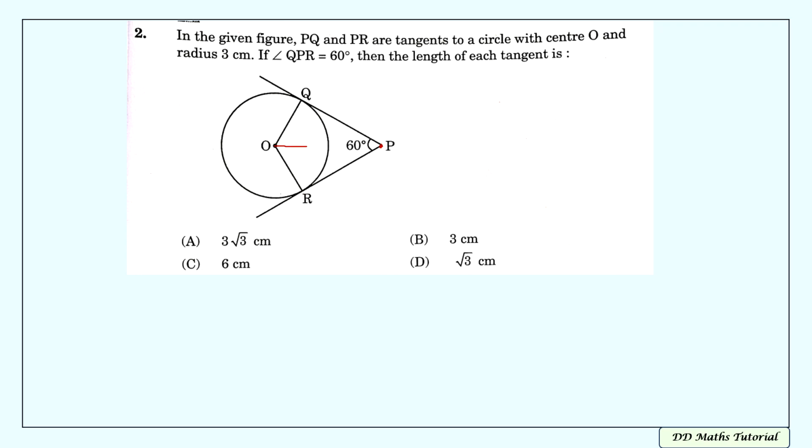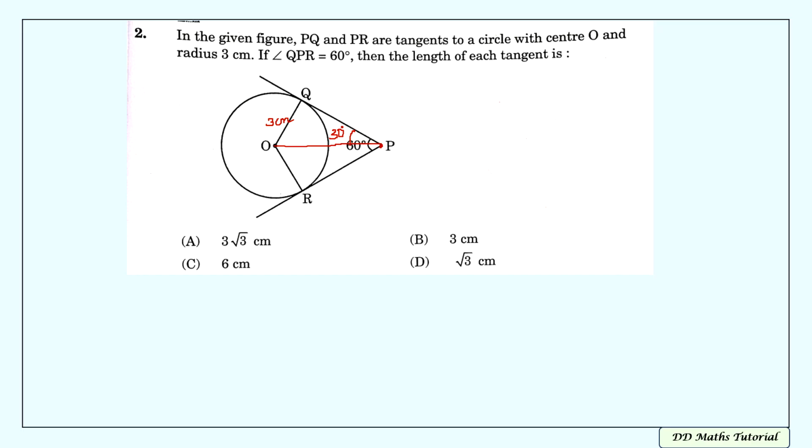So when we connect this OP, we will be able to make two congruent triangles. So this angle will be equal to 60 divided by 2, which is 30 degree. It is given that the radius is 3 centimeter. So OQ will be equal to 3 centimeter. We are asked to find what will be the length of the tangent. So we will find what is PQ's length.